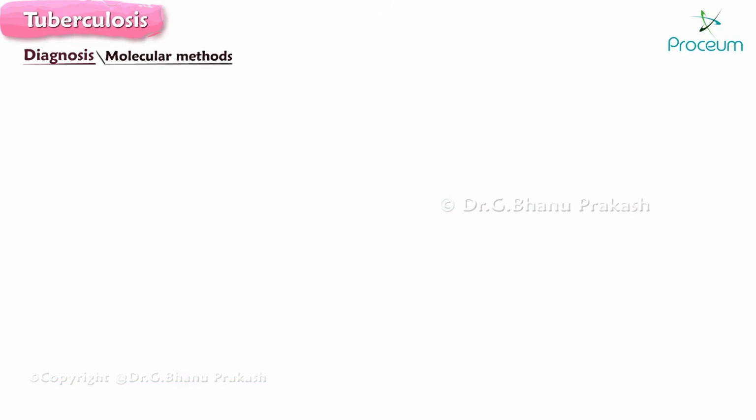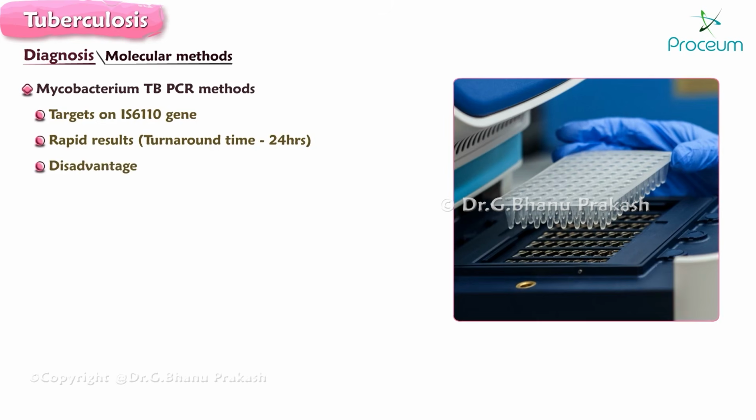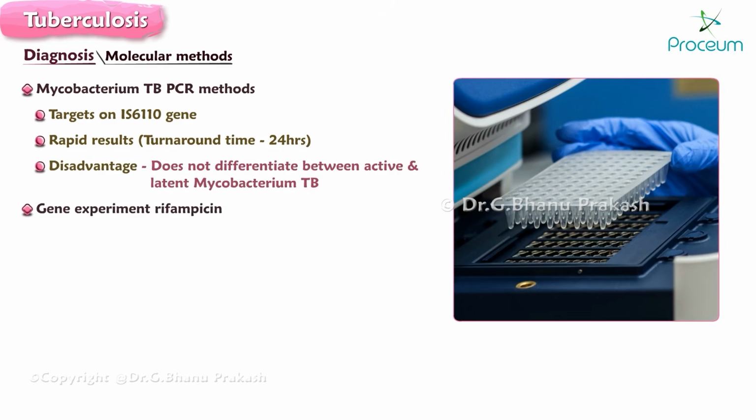Molecular methods that aid in diagnosis are Mycobacterium tuberculosis polymerase chain reaction methods. It targets the IS6110 gene, and it gives rapid results, as its turnaround time is only 24 hours. The disadvantage of polymerase chain reaction testing is that it does not differentiate between active and latent tuberculosis. GeneXpert Rif detects rifampicin resistance.